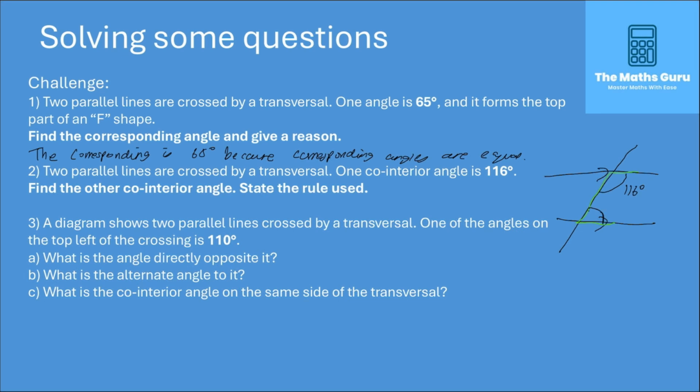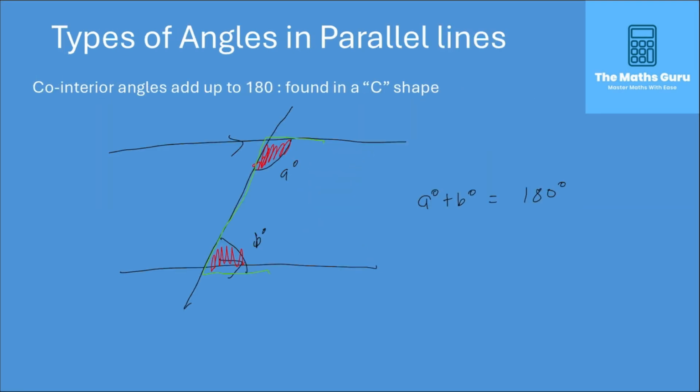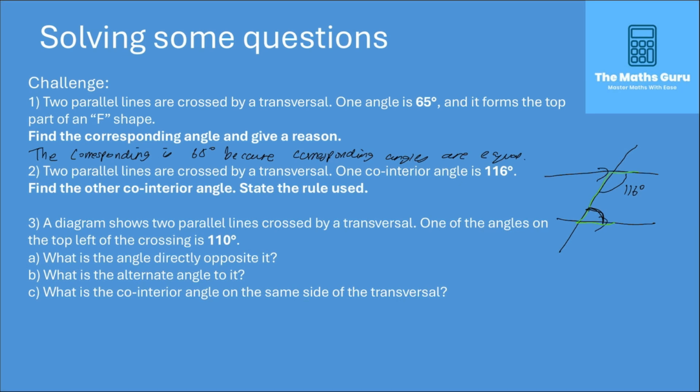So going back here, we can see that co-interior angles add to 180 degrees. Hence, we have to do 180 minus 116 to get our angle, and we say that that is equal to 64 degrees.